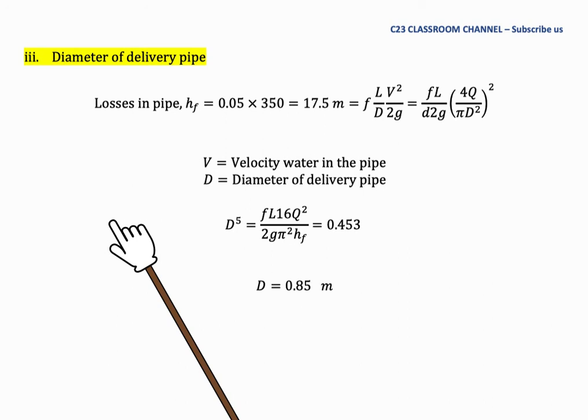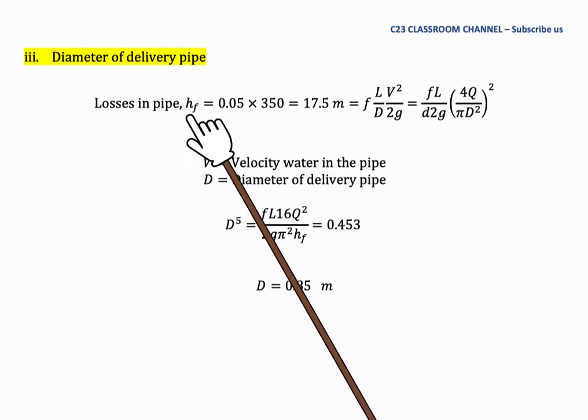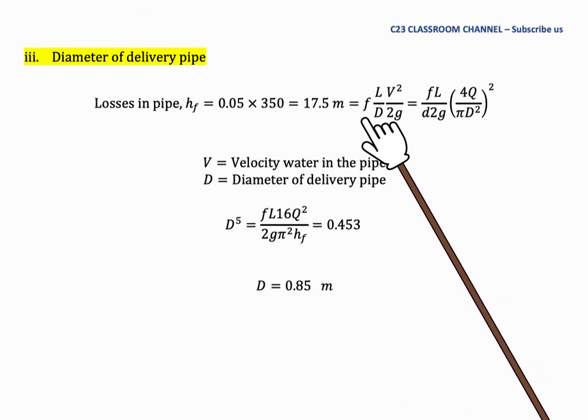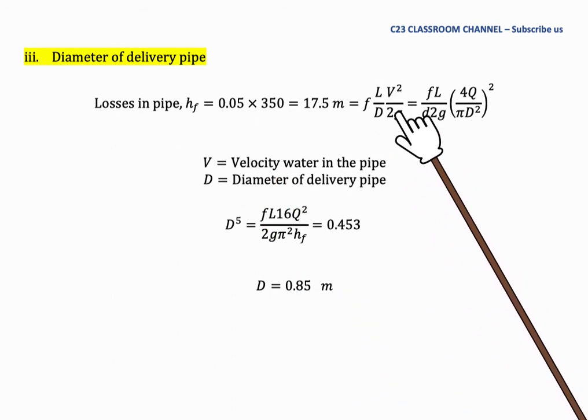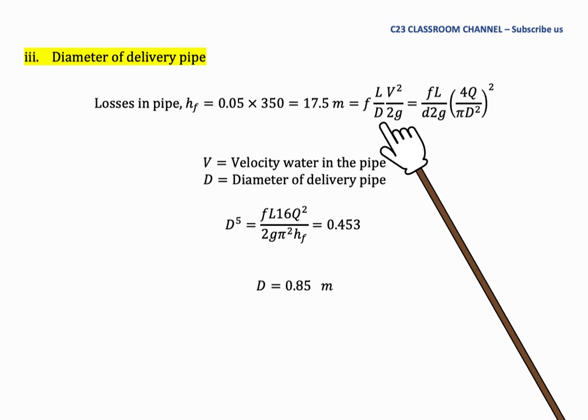Next, we are calculating the diameter of delivery pipe. From fluid mechanics 1, we know that the losses of pipe HF is equal to this equation, F L over D times V square over 2G. And L here is the length of pipe and D here is the diameter of the delivery pipe.